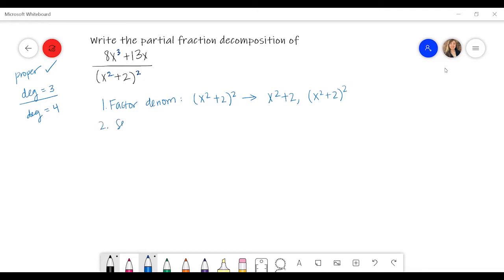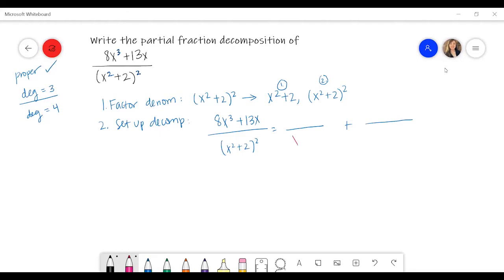So now we want to set up our decomposition. And that's going to look like we have 8x cubed plus 13x divided by x squared plus 2 squared. And we're going to rewrite that into the two fractions, right? One denominator value and a second denominator value, so plus, there's our other one.